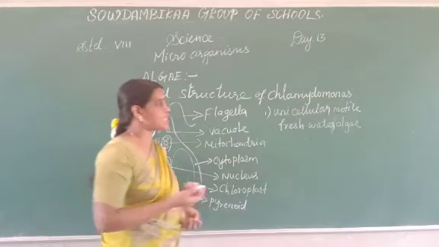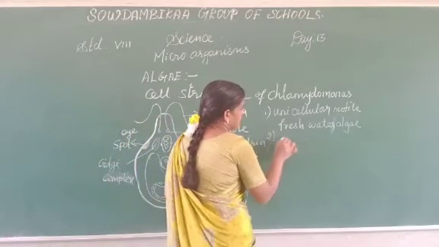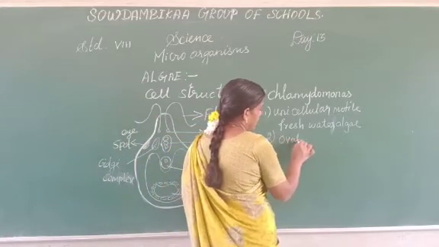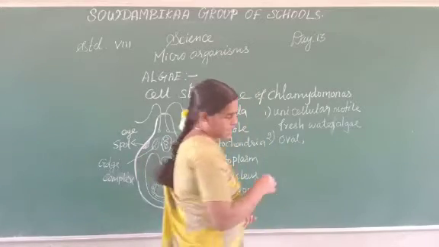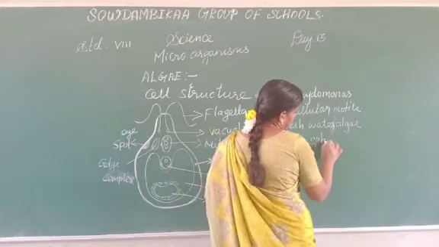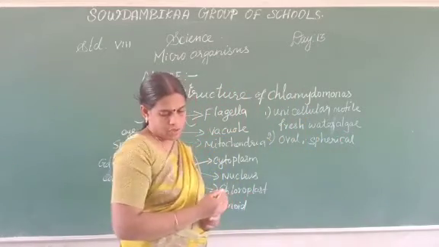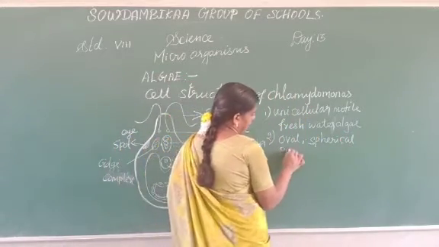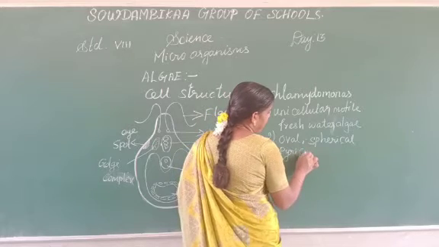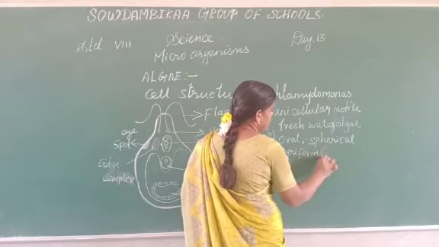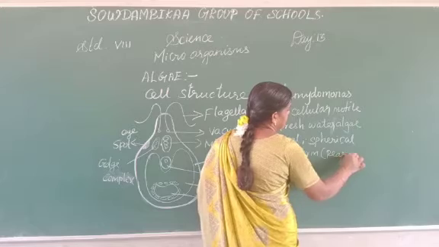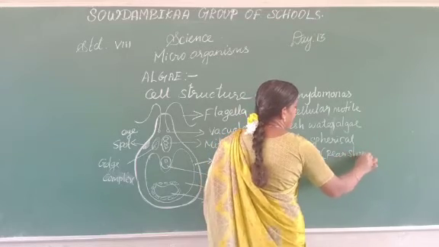What is the shape? The shape is oval, spherical and pyriform. What does pyriform mean? It is pear shape.